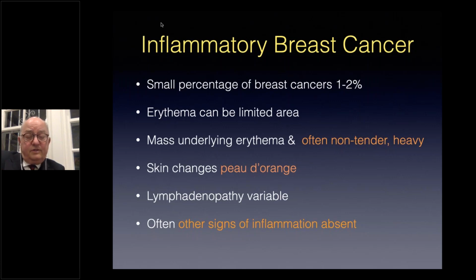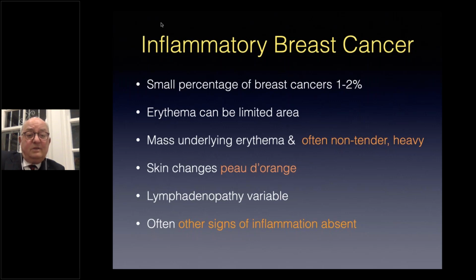The erythema that you see with inflammatory breast cancer is much the same as you might see with an infective mastitis, but it can be over a very limited area and not always covering the entire breast. That's usually very advanced inflammatory breast cancer.